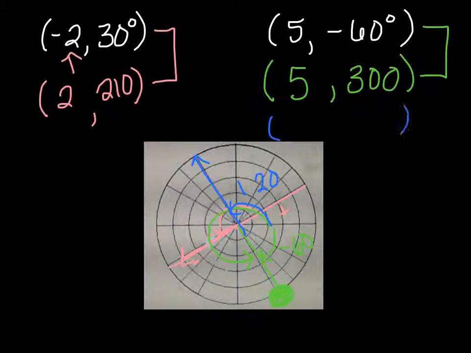So I can say, okay, at 120 degrees, that would be +1, +2, +3, +4, +5. But once I cross the origin the other direction, this would be -1, -2, -3, -4, -5. So there's a third way you can find that same point.